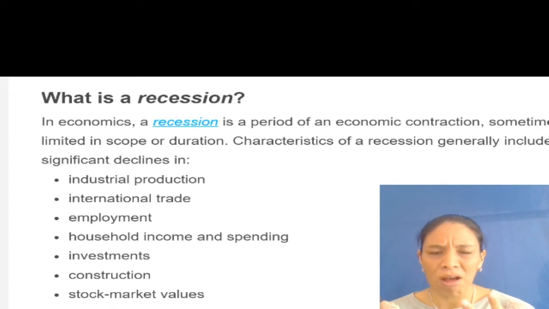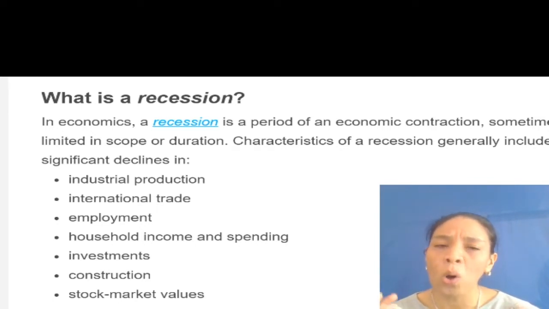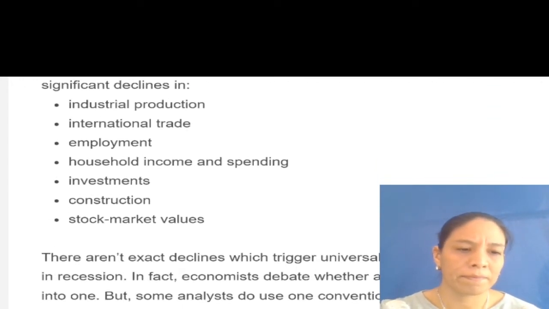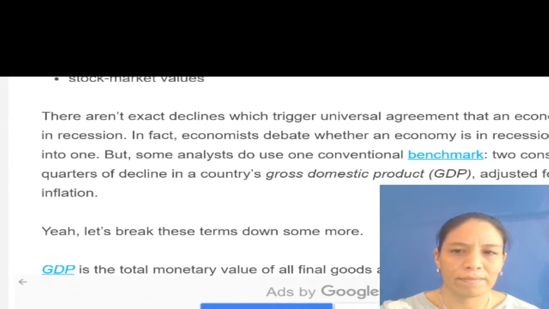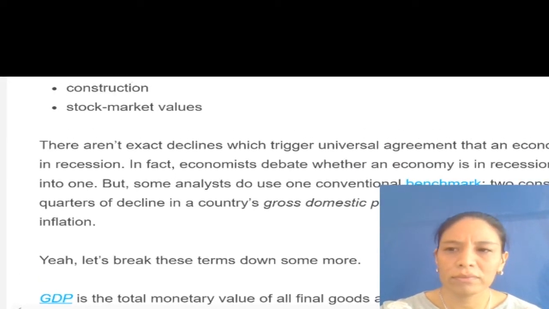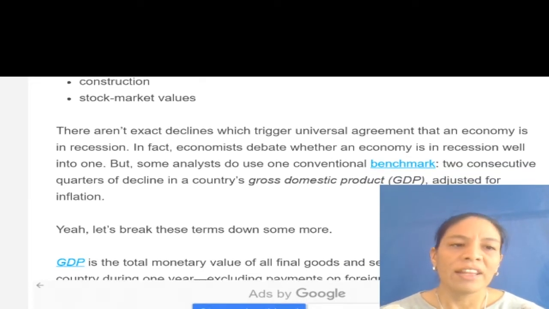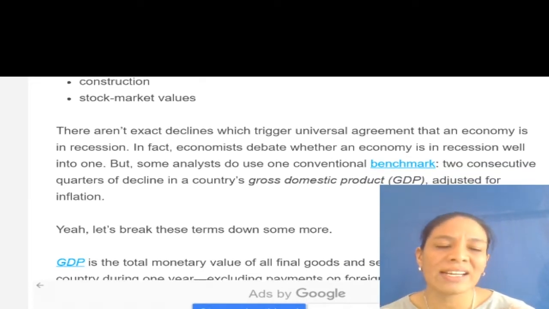When this is prolonged by 2 trimesters, that is 6 months, then we are talking about a recession and not only a downslump in our business cycle. Okay? There aren't exact declines which trigger universal agreement that an economy is in recession.